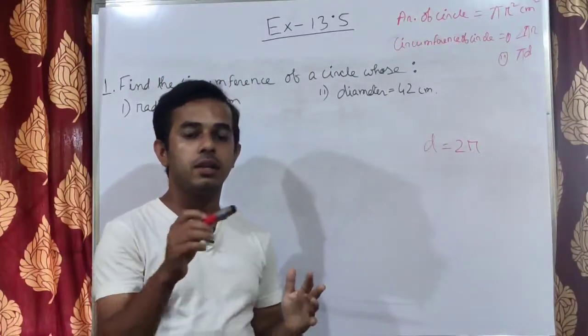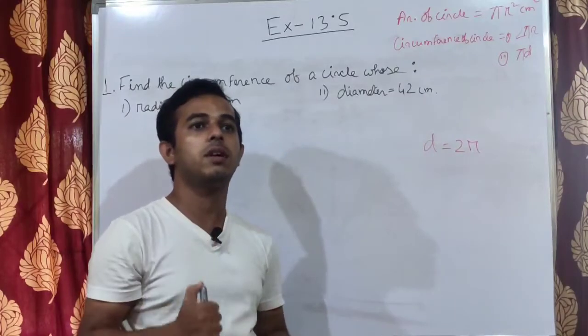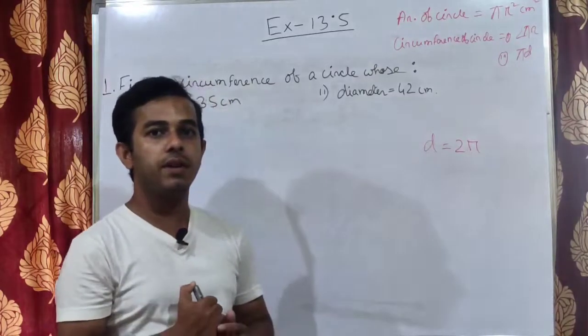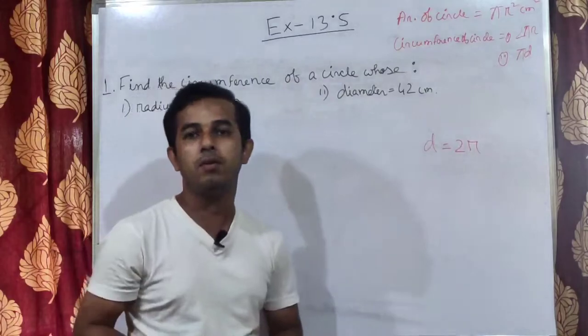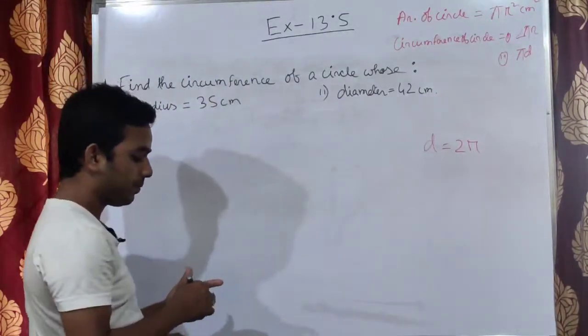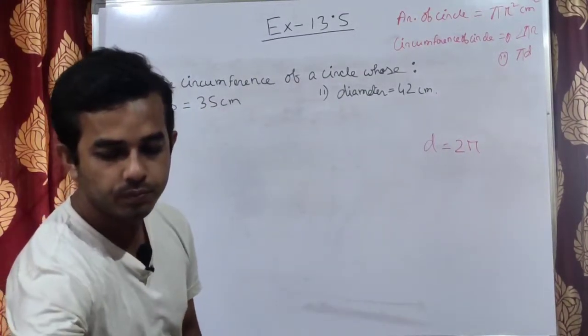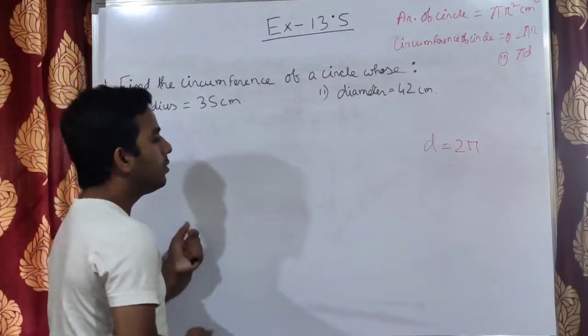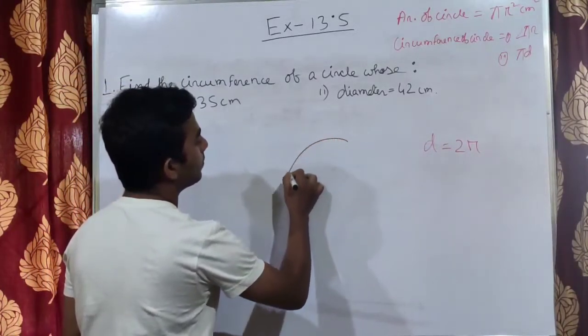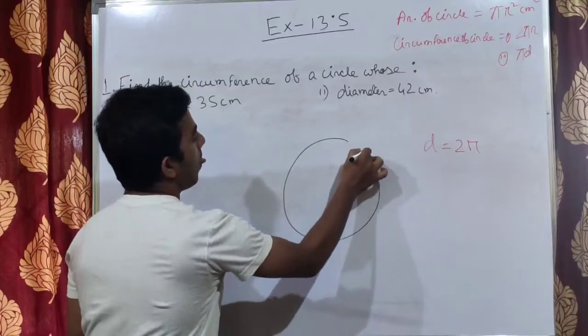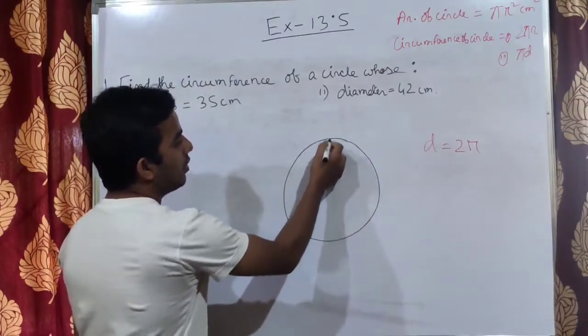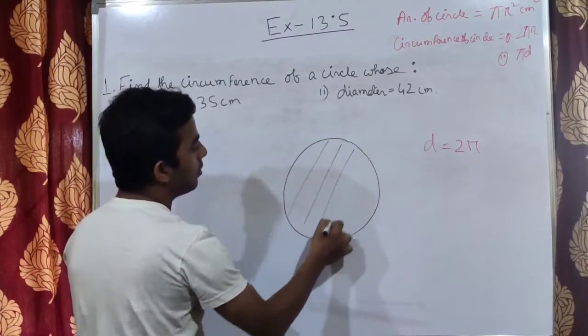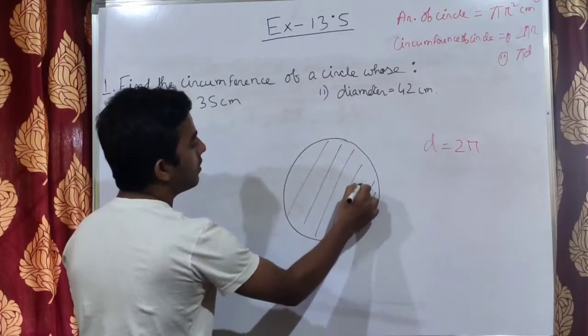So the difference between the area and the circumference is, area is the total inner curved surface area, right? Total area, and circumference is the length of the boundary. Okay, look here. Suppose this is a circle, right? This inner portion is known as the area.